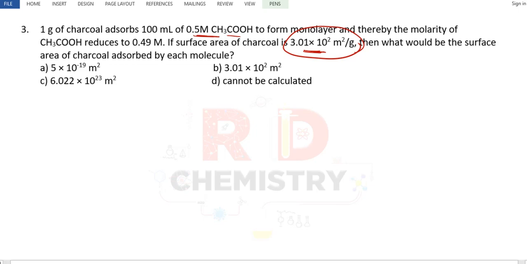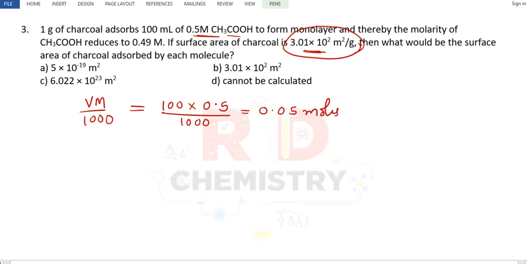For that, we need to calculate the initial number of moles present in the solution. We use the formula Vm divided by 1000. Initially, 100 ml into concentration of 0.5 molar divided by 1000 ml, which is equal to 0.05 moles present to begin with. Now, after adsorption, the solution will have 0.49 molarity. So, Vm divided by 1000. How many moles are remaining?